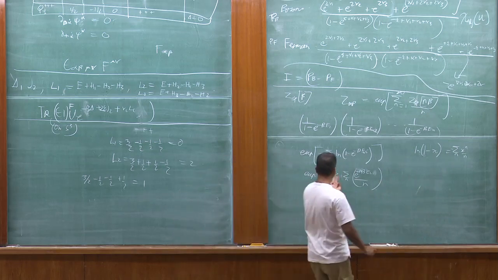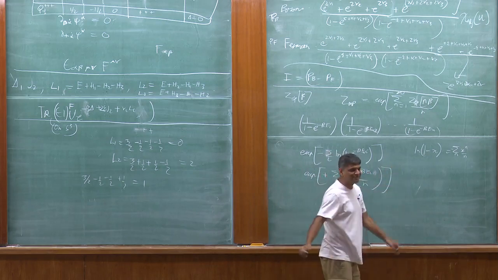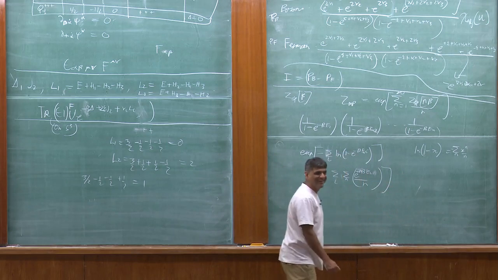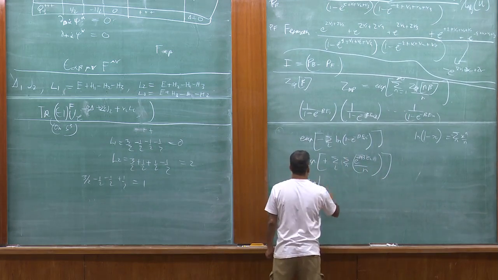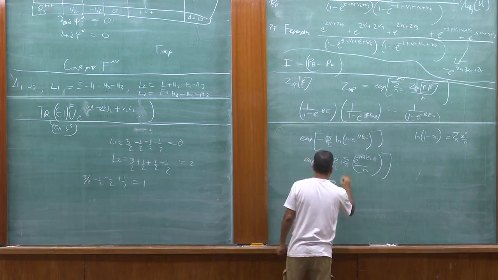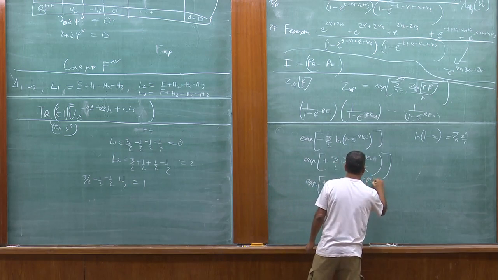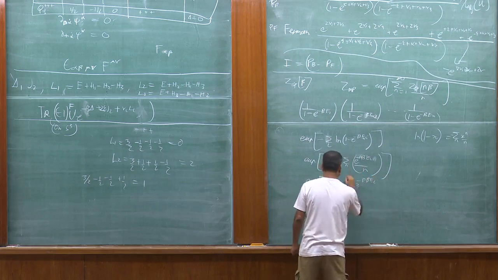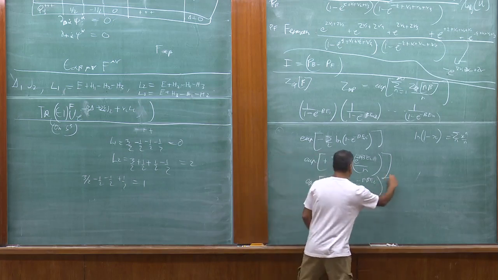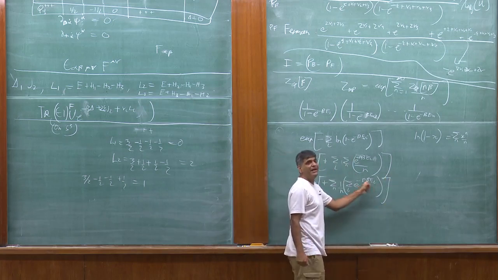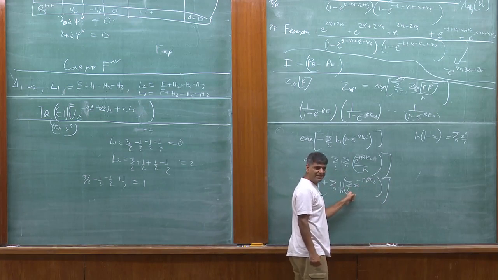Okay, now I interchange the sums. And since we're all physicists, we don't ask why we can do that. We do it, and we get exponential of plus sum over n, sum over i, e to the power minus n beta Ei, times 1 by n. But this is simply Z of n times beta, because it's the sum over all single particle states, but weighted with n times beta.